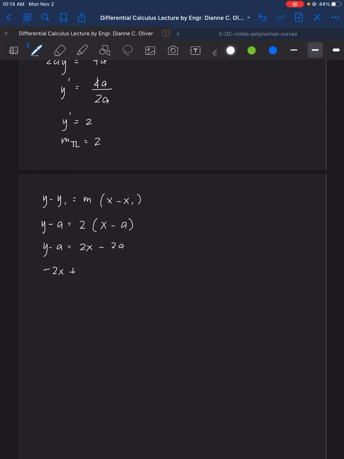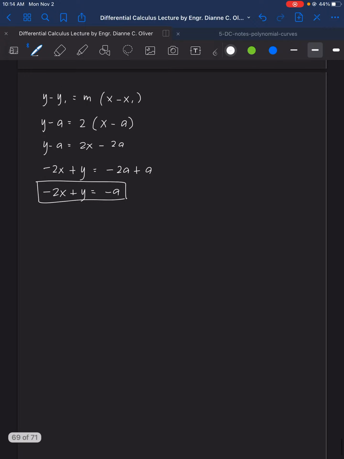Negative 2x plus y equals negative 2a plus a. So we have negative 2x plus y equals negative a, or we have positive 2x minus y equals a. Either of these is the equation of the tangent line.